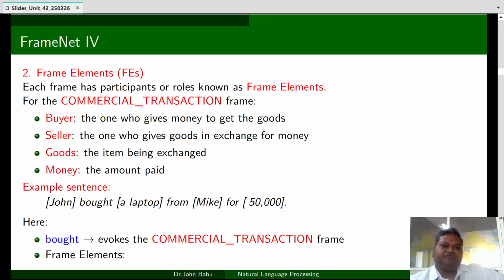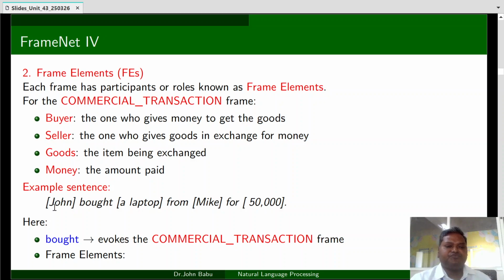Secondly, every frame will have frame elements. That means participants or roles. For example, in the commercial transaction frame, who are the key players? Buyer, seller, goods, money. These are known as frame elements.